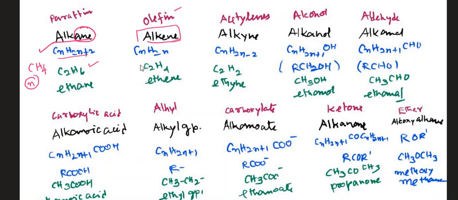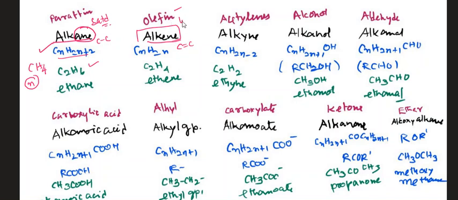So olefin: CnH2n, C2H4, ethene. Methene is not feasible because we need a minimum of two carbon atoms to establish a C=C double bond. In alkanes, you have only C-C single bonds and they are satisfied with the single bond. That is why they are called saturated hydrocarbons.